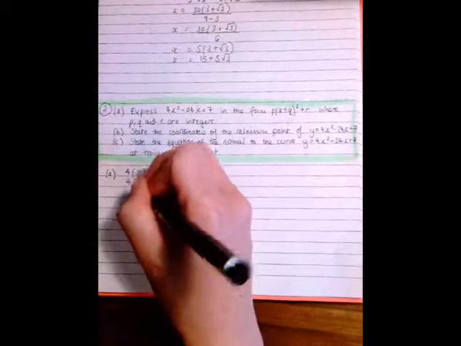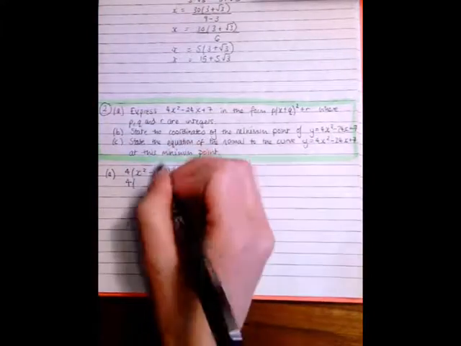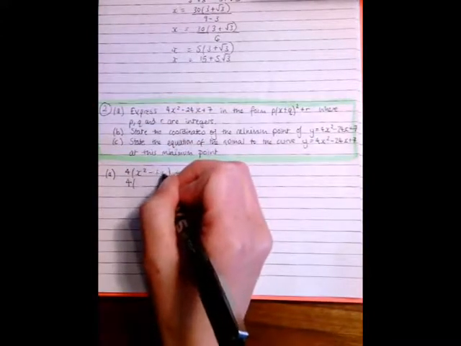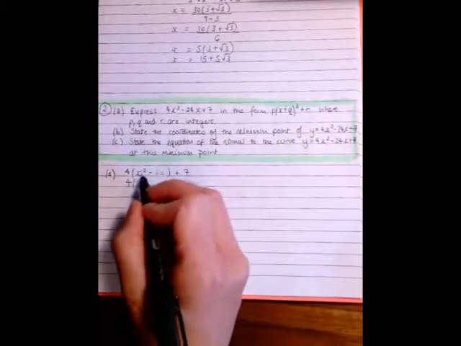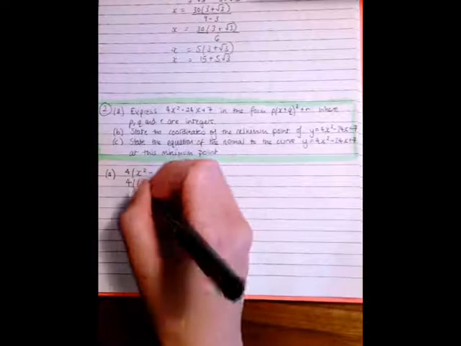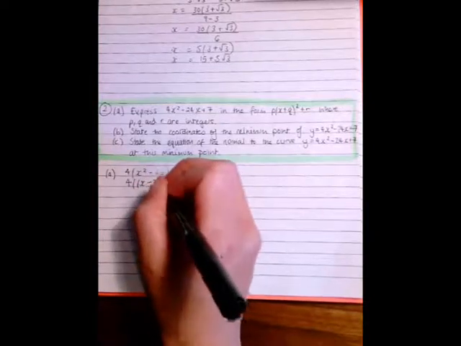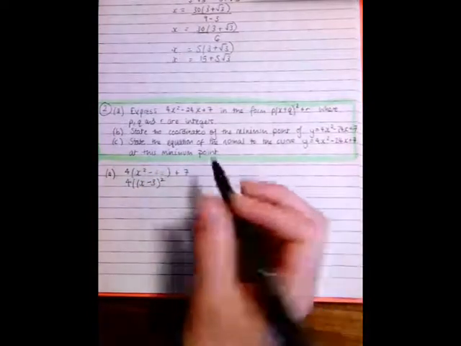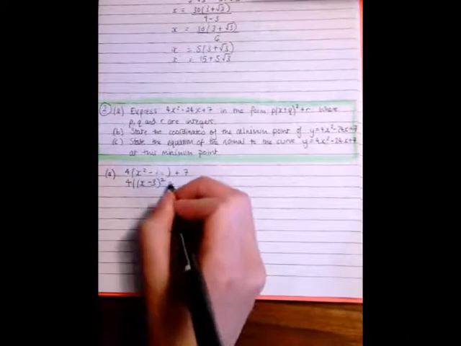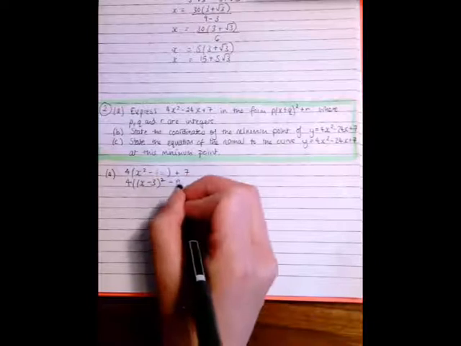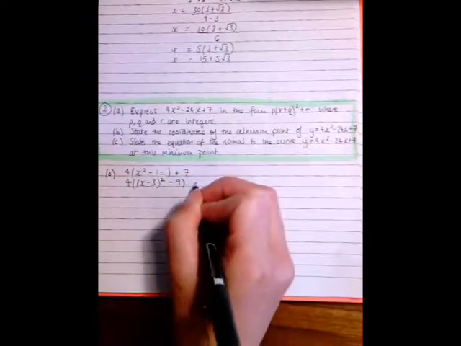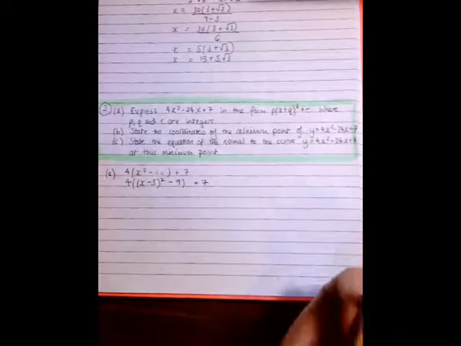And then what you can do is complete the square on this part. So I just draw that in there. So if you complete the square on x squared take away 6x, it would be x take away 3 all squared. And then remember, when you complete the square, you've got to then take away this value squared. So 3 squared is 9, so you have to take away 9. And then again, you've got the add 7 on the end.